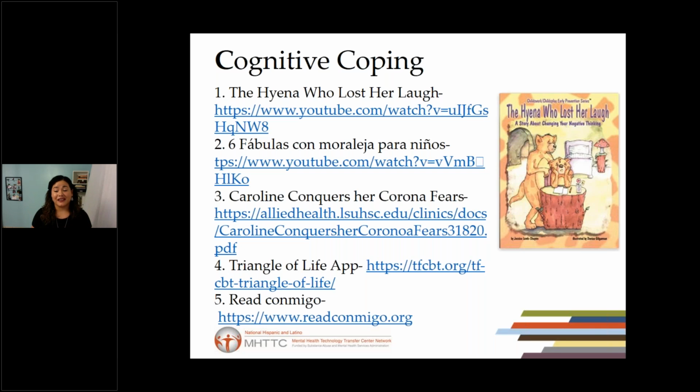I know that older kids do not like the graphics because they're not really good, but this is an amazing way. And now that we're doing telehealth, you can use the Triangle of Life in your sessions because they will learn how to identify what is an emotion or what is a behavior or what is a thought.